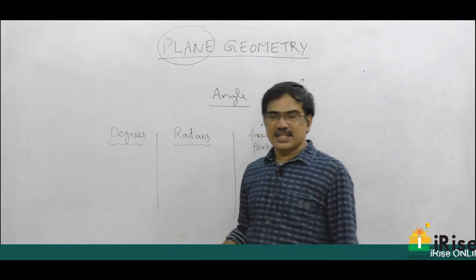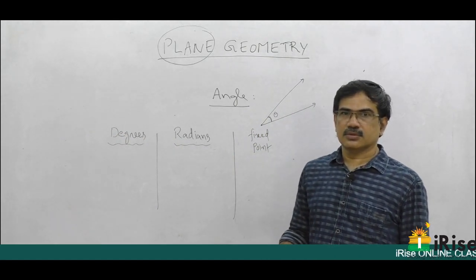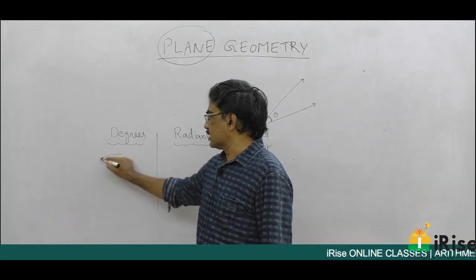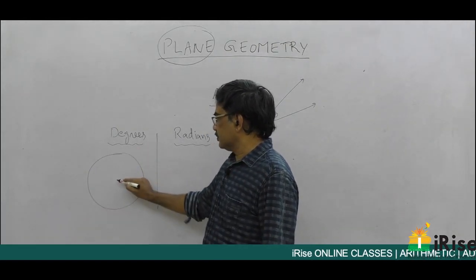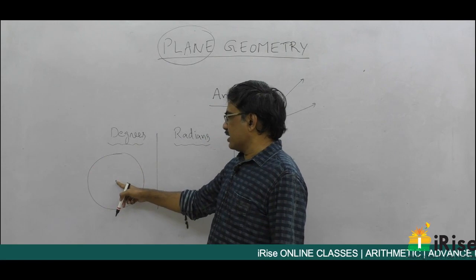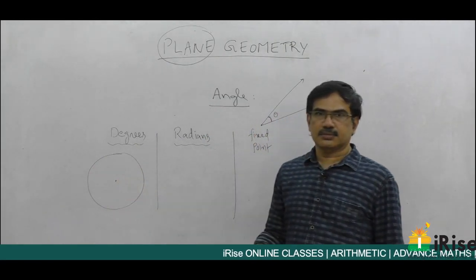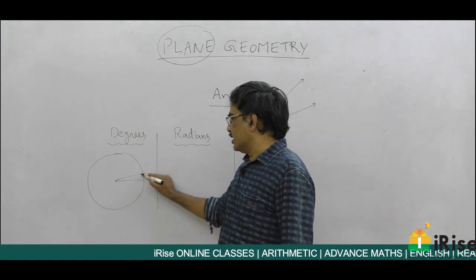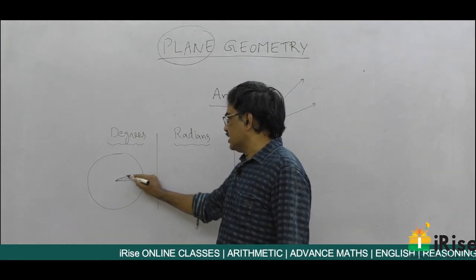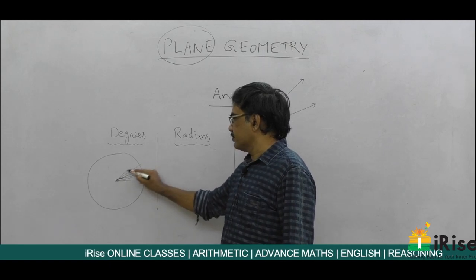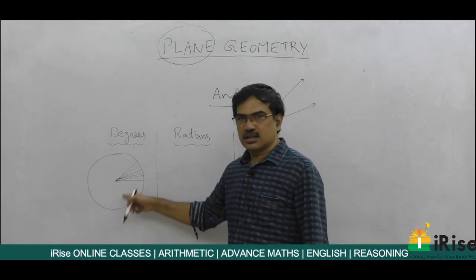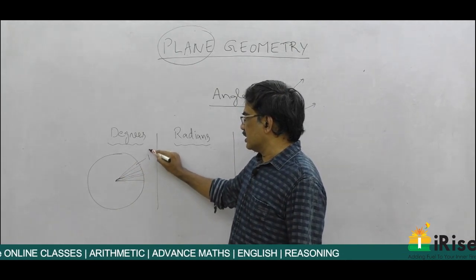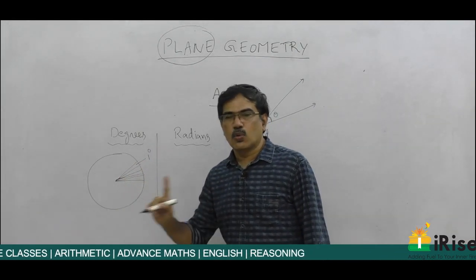Here, what is a degree? If this is a circle, the total angle at the center of the circle is divided into 360 equal parts.